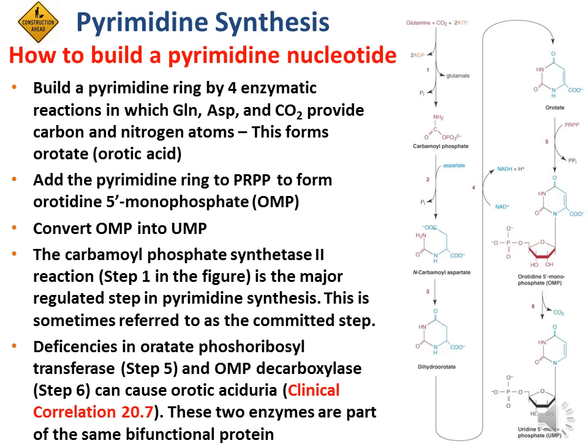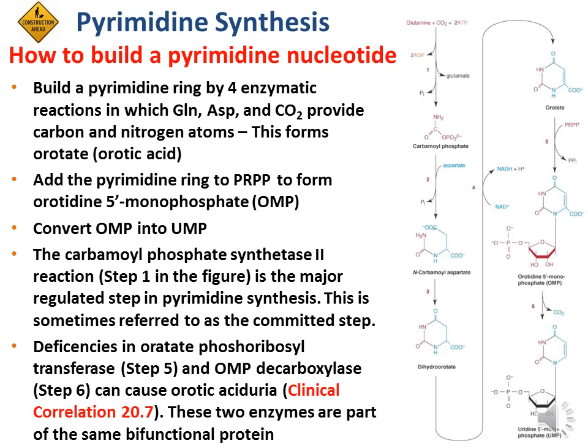This is a major difference between purine and pyrimidine synthesis. In purine synthesis, the purine ring is built directly on PRPP. In pyrimidine synthesis, the pyrimidine ring is made first, and then it's put on PRPP to form orotidine 5 monophosphate, or OMP.